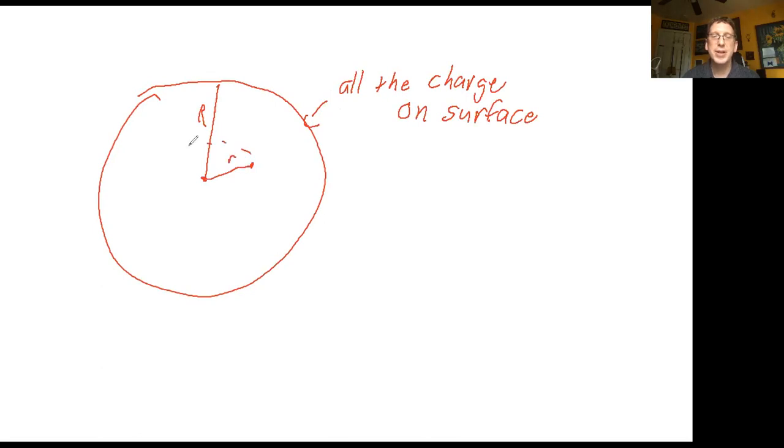So you construct the Gaussian surface just like before. Now here, the electric field inside the sphere has to be 0. You're enclosing no charge, and so from Gauss's law, that's telling you the electric field has to be 0.